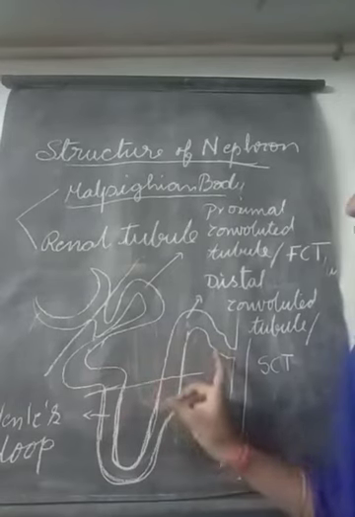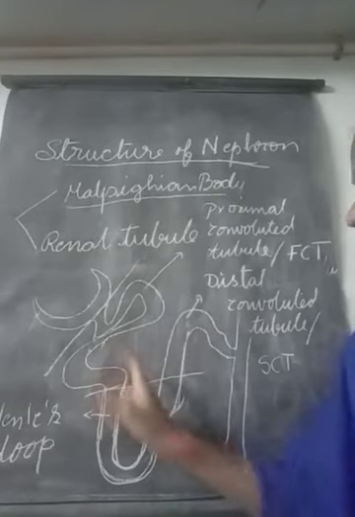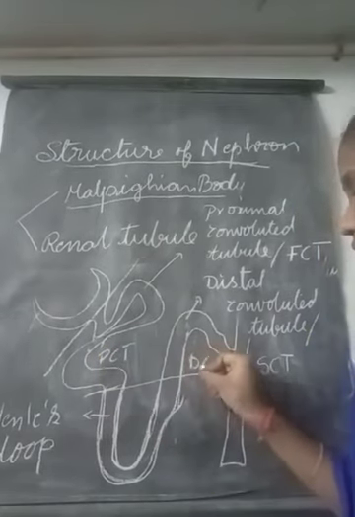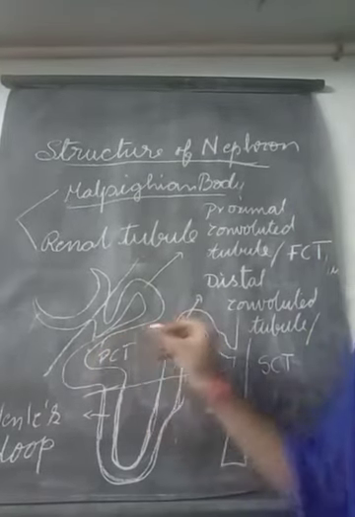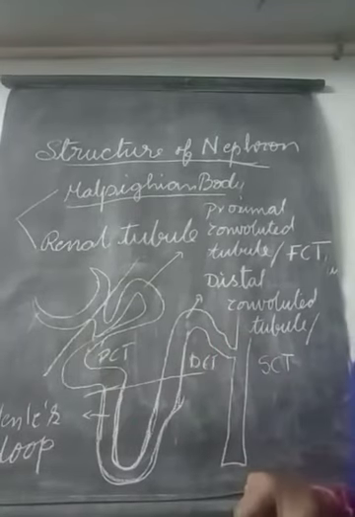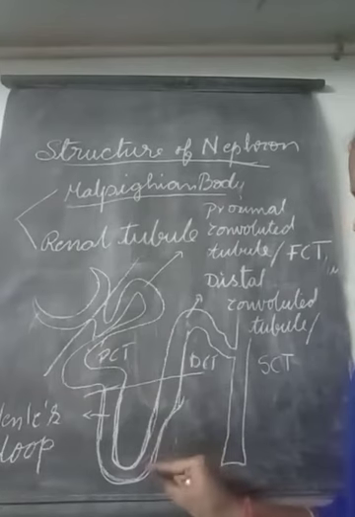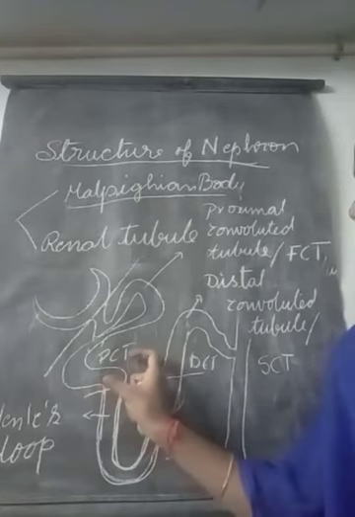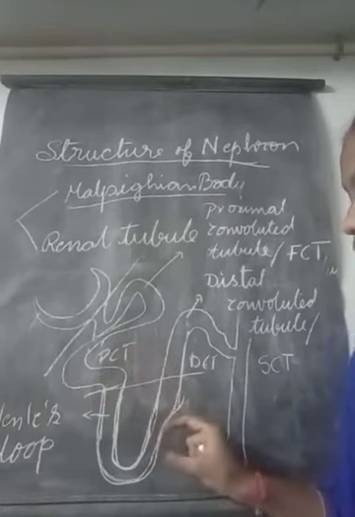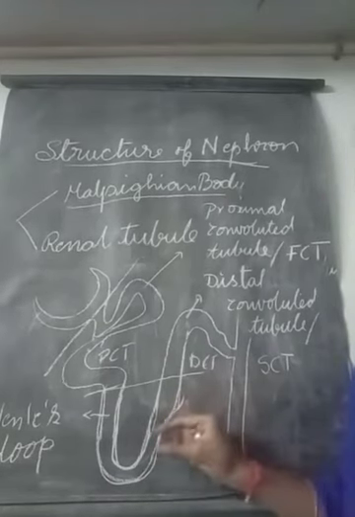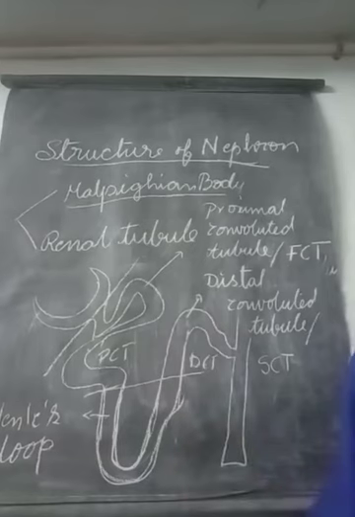And if you observe PCT and DCT, this is called proximal convoluted tubule. This is called distal convoluted tubule. If you compare these two parts with this particular part, the width of the tubule is narrow. The Henle's loop tubule is narrow compared to PCT and DCT.